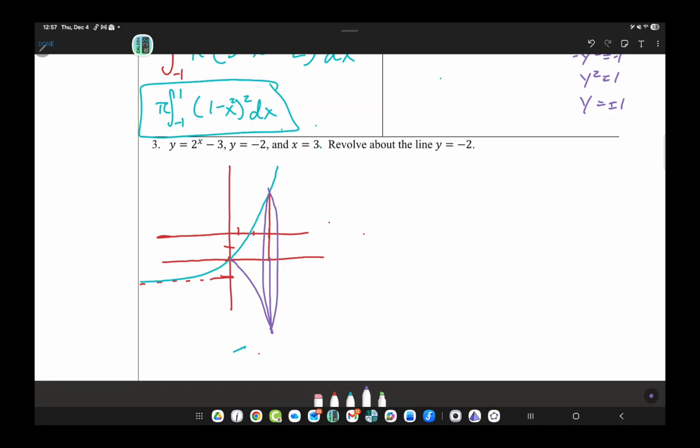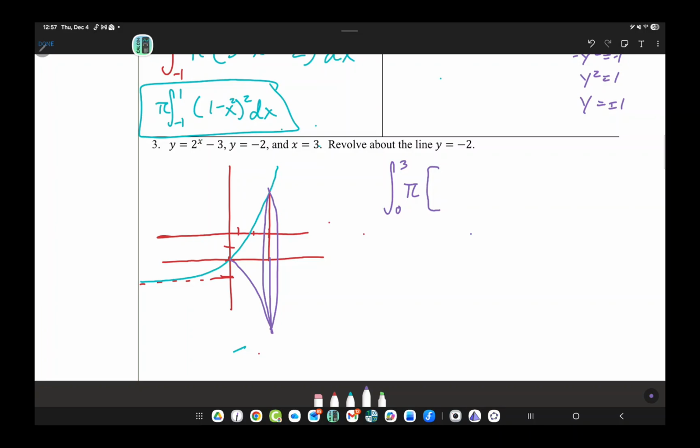The axis? No, well, again, the rotation will, but the function won't. Now, in this case, this one's a little different. We already said the bounds are 0 to 3. In this case, what's furthest from the x-axis? Is it the function or the line of rotation? So that one's going to go first.